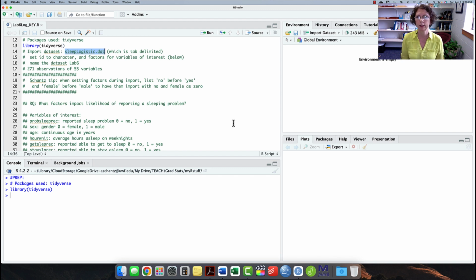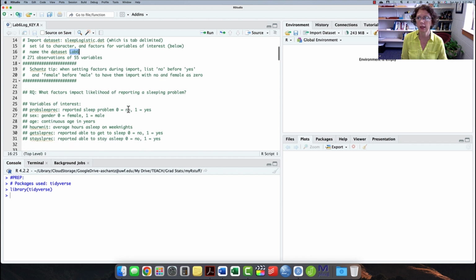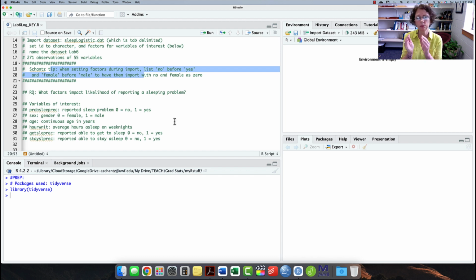Anyway, we're going to set ID to character and set our factors up using the import wizard here. I'm going to name the dataset Lab6, and just letting you know that when you import factors or set up factors in the import wizard, the first one you list is going to be coded 0.